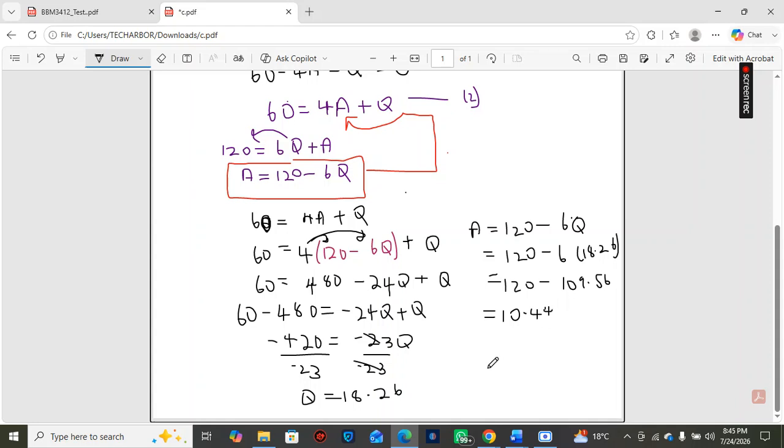Yes. Any questions, colleagues? We found our values of Q and A.